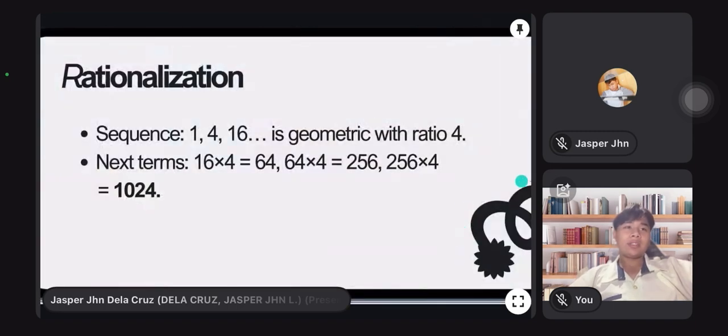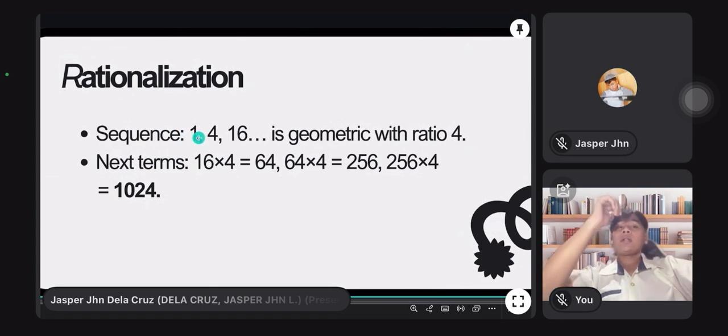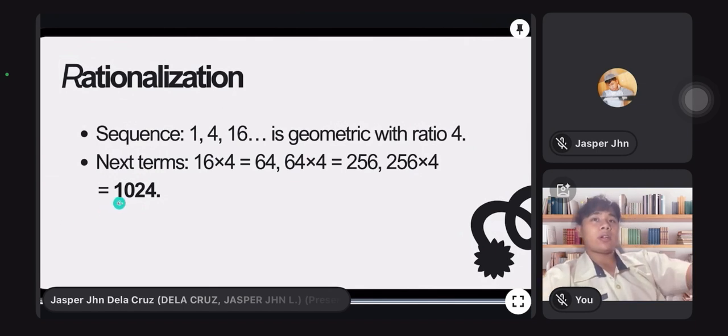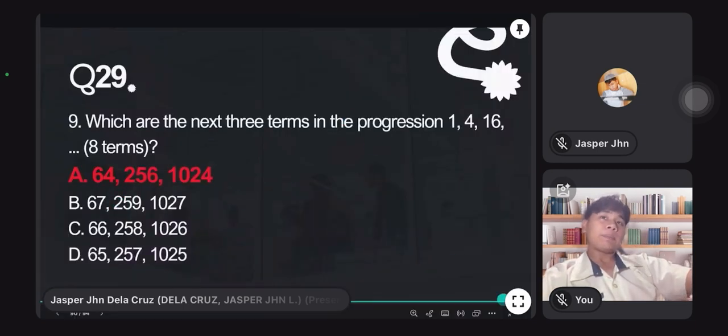Okay, remember the sequence. Each term in the sequence is multiplied by 4. As you can see on the first 3 numbers, 1 times 4 is 4, 4 times 4 is 16, and so on. So the next terms are 16 times 4, 64, 64 times 4, 256, 256 times 4 is 1,024. So our answer is letter A.